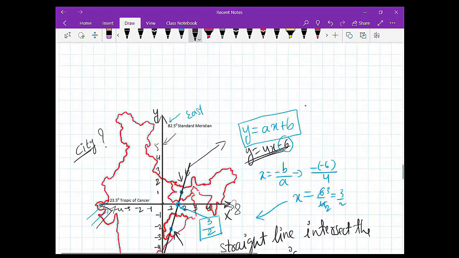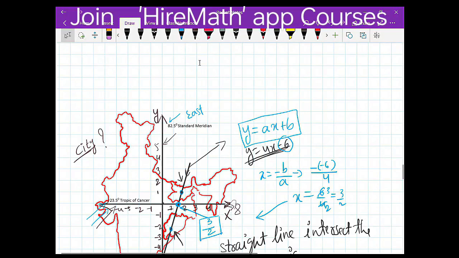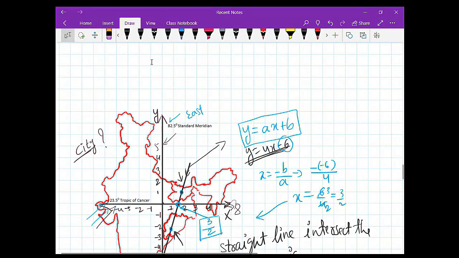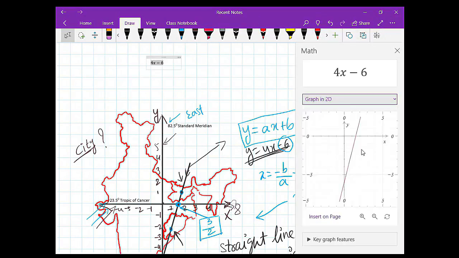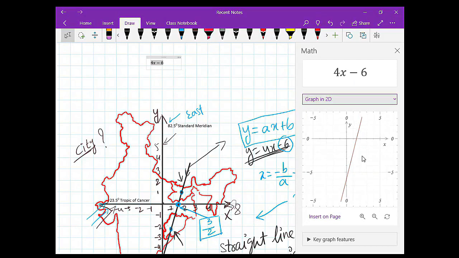Here is how we get the graph of the equation y equal to 4x minus 6. See, the actual graph looks like this.